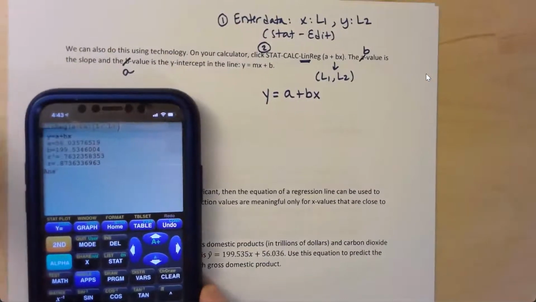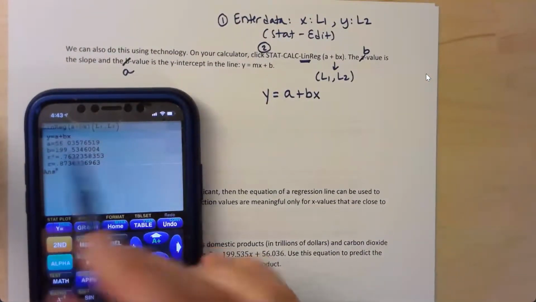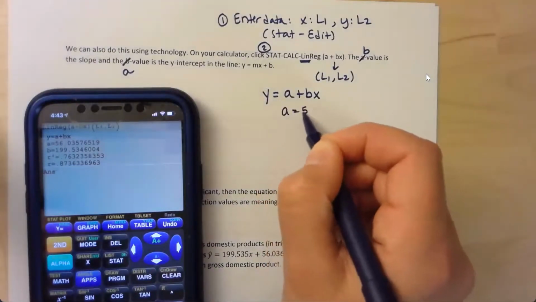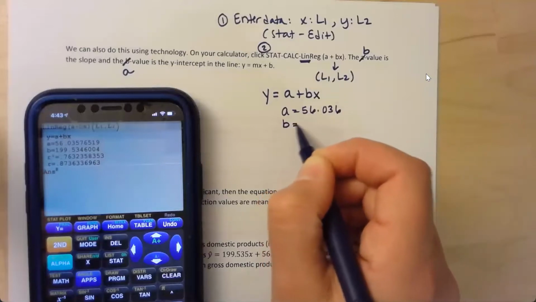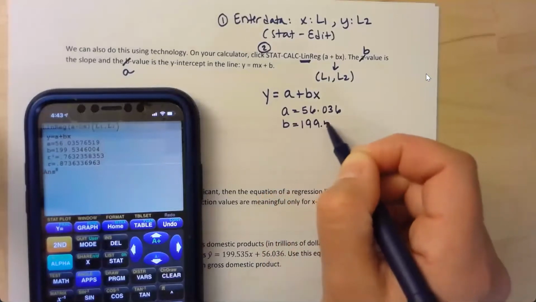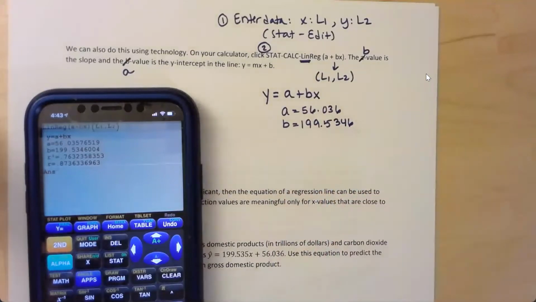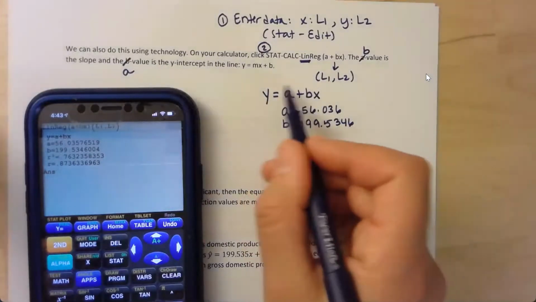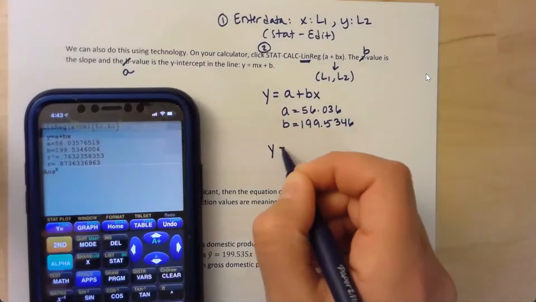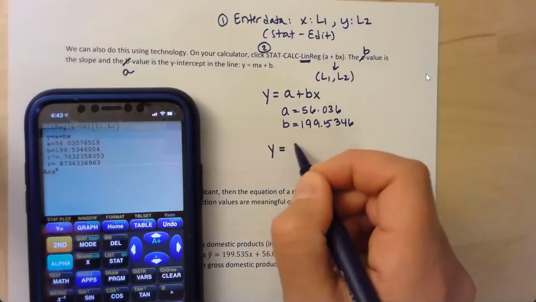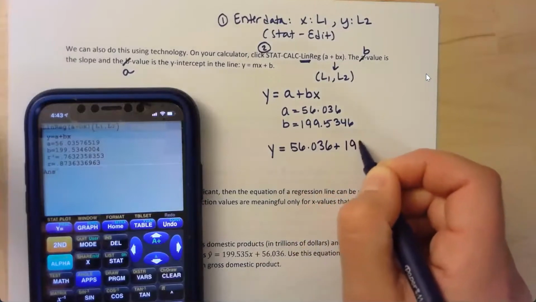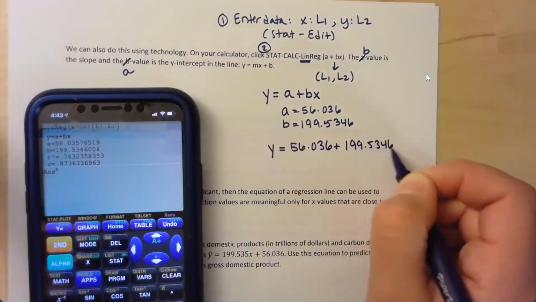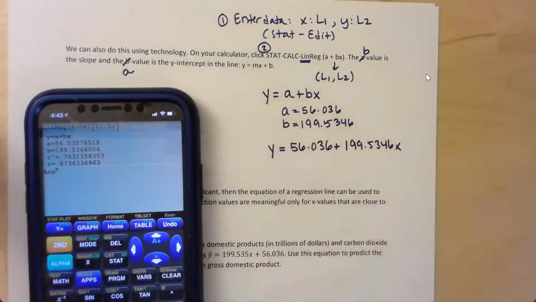So if you look here on your calculator, they're giving you the setup, and then they're telling you that a is 56.03, we'll say 6, and the b is 199.5346, like I had. So it's written a little backwards than what we're used to, but you do have that same sort of setup here. And if I just plug these values in, I'm going to go ahead and get that same equation. It's just written in a backwards format, but that's okay.